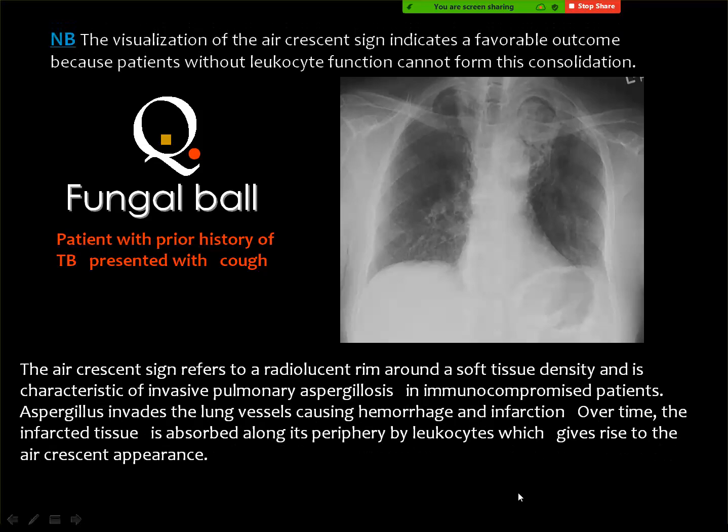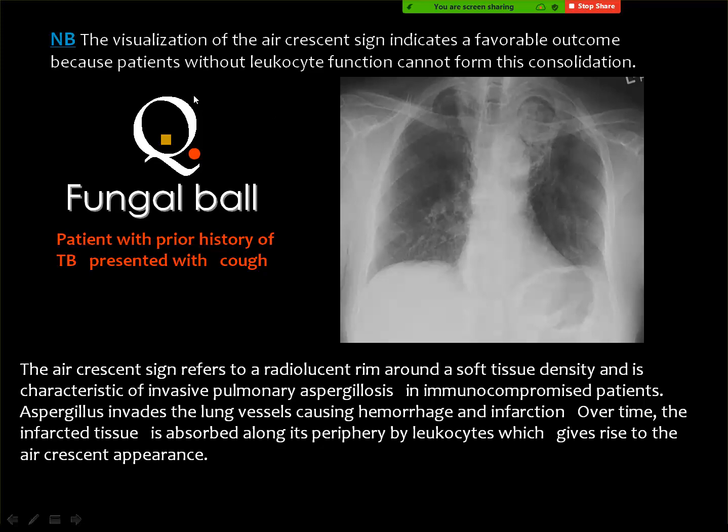Mycetoma. There is a cavity in the left upper lung, at the apex, with a mass in the cavity and the halo sign, which is diagnostic of a fungal ball, mycetoma or aspergilloma.